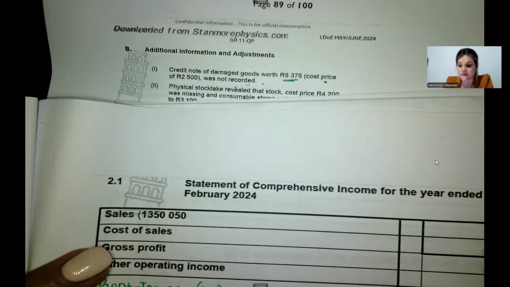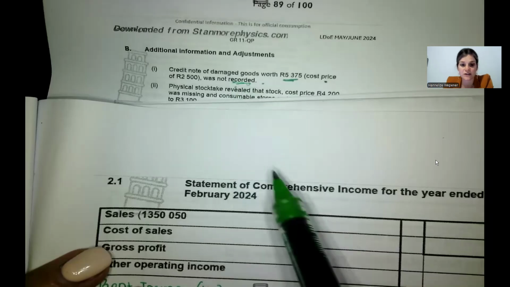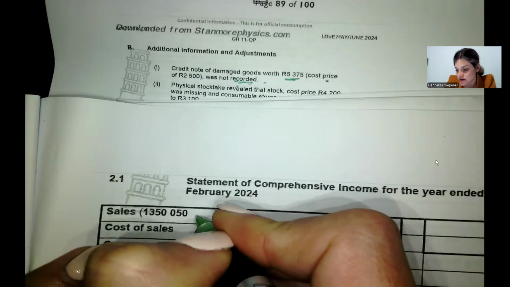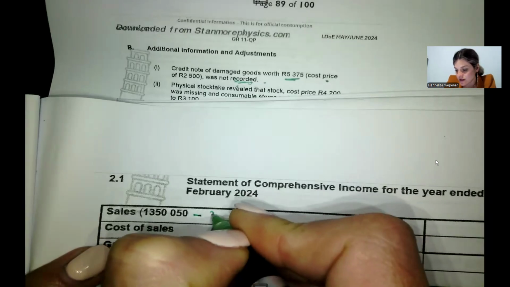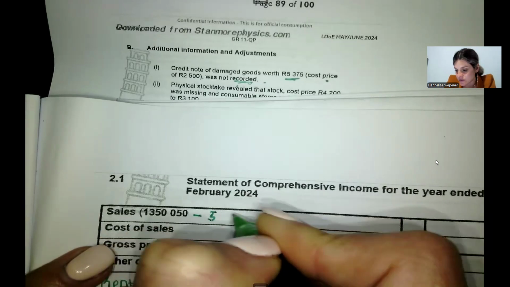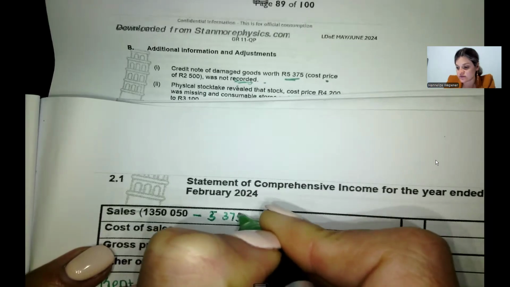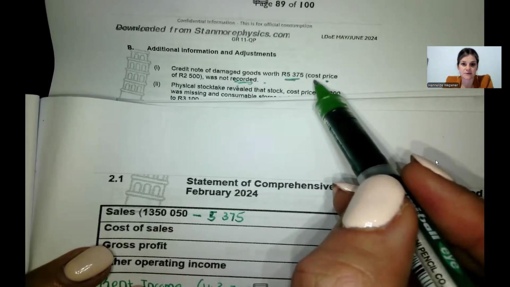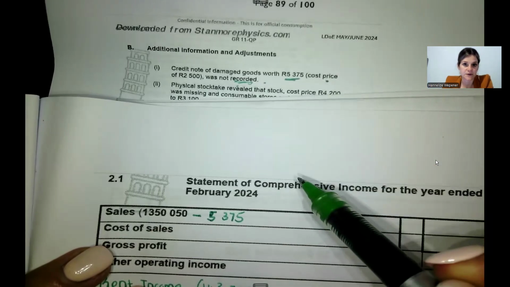Therefore, debtors' allowances, and you have not yet recorded that. So this is not your final sales figure because you must still remove a credit note that you issued to a debtor. Okay, so debtors' allowances there. Are we good with that one?